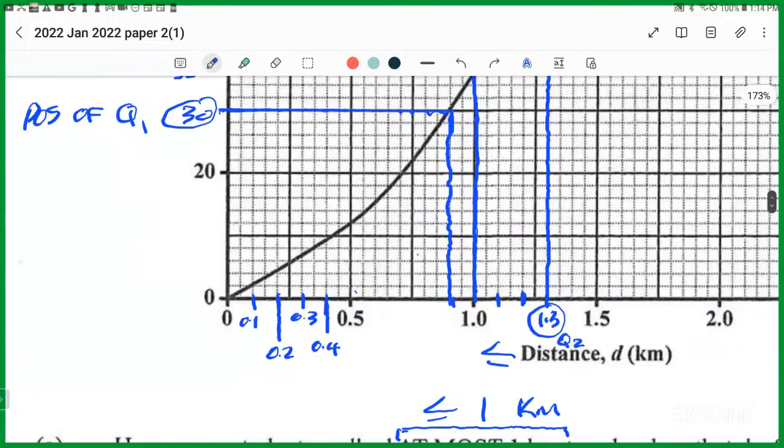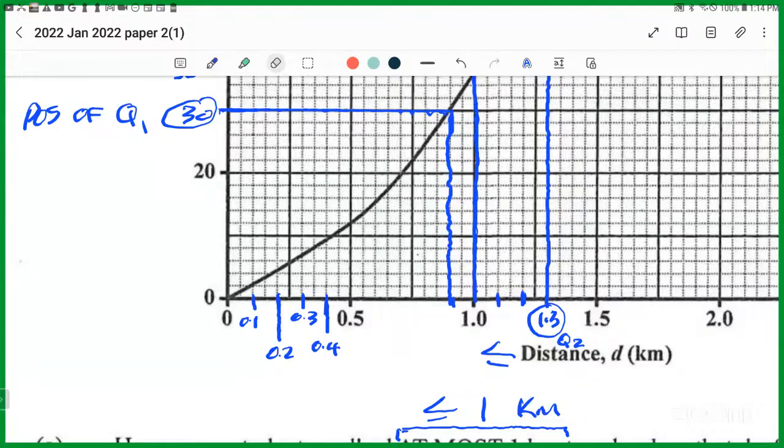If you check it, look at it: this is 0.5, 0.6, 0.7, 0.8. Let's go again: 0.5, 0.6, 0.7, 0.8. This is 0.9.